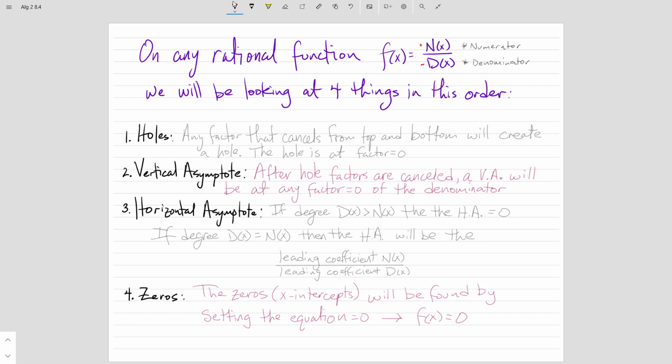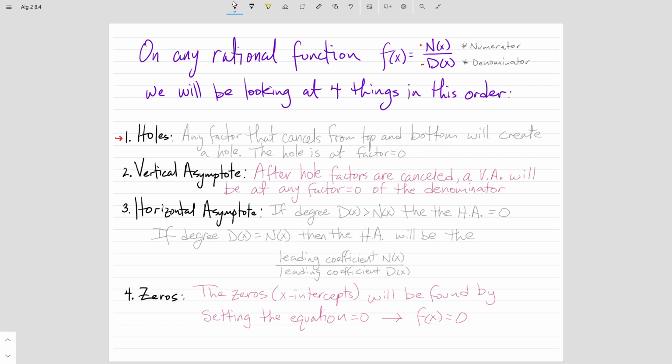So, first thing that you're going to want to look for are holes. If you remember what a hole is, on a graph, obviously, it looks like a hole. But where a hole happens is if you have a factor on the numerator and the denominator that cancels, that's going to be your hole.